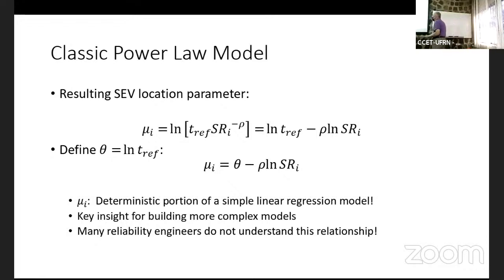But the point is, expressing it this way, mu sub I is the deterministic portion of the model, and it really does represent simple linear regression in terms of the log of stress ratio. I can build more complex models, okay? I can adjust the intercept depending upon different characteristics. Next lecture, I'm going to talk about combining vessels with strands.